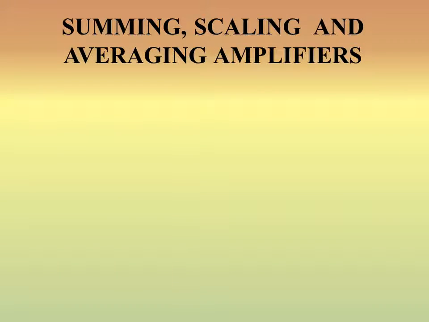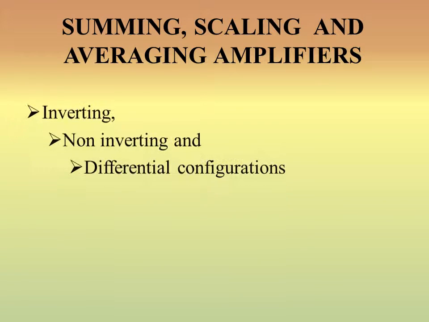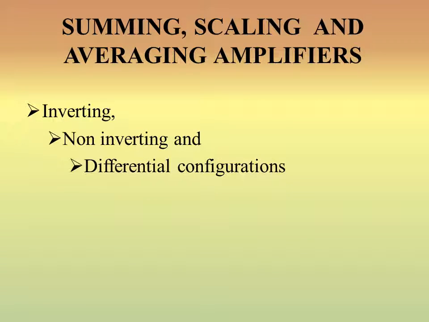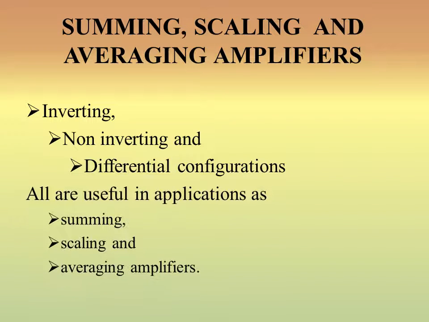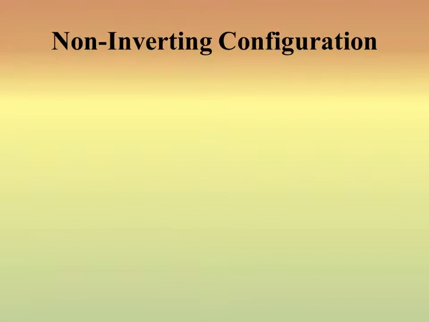So first of all, summing, scaling and averaging amplifier can be made by either of the three configurations: inverting, non-inverting and differential configuration, and all three are useful in summing, scaling and averaging amplifier applications. So we'll take up non-inverting configuration.